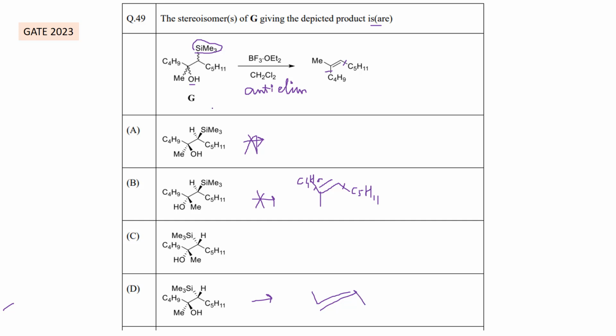So the only possibility is if we turn the double bond. In this case there will be a rotation along the single bond.